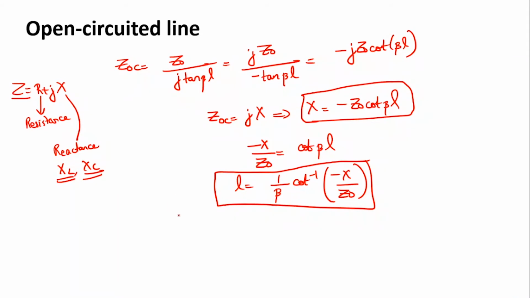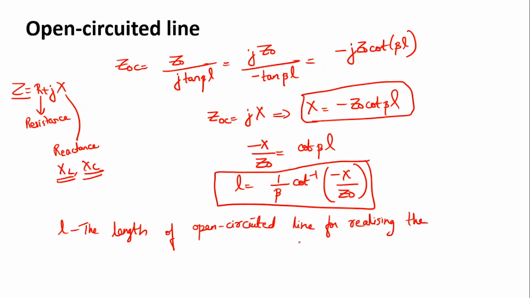This is the length of open circuited line, the length of open circuited line for realizing the reactance value of X. So this is how we equate the transmission lines to circuit elements.